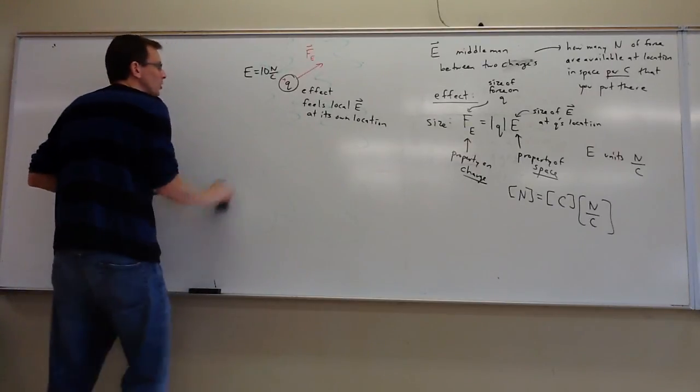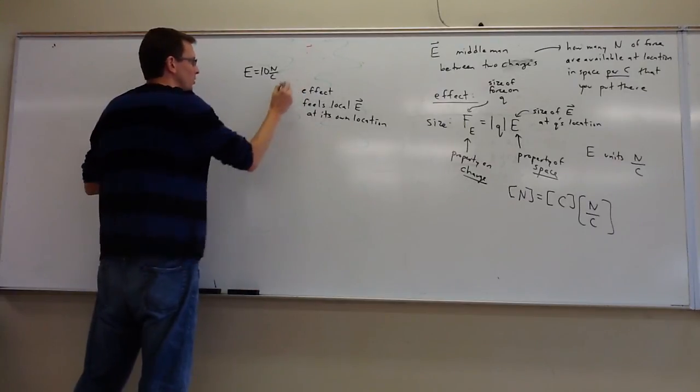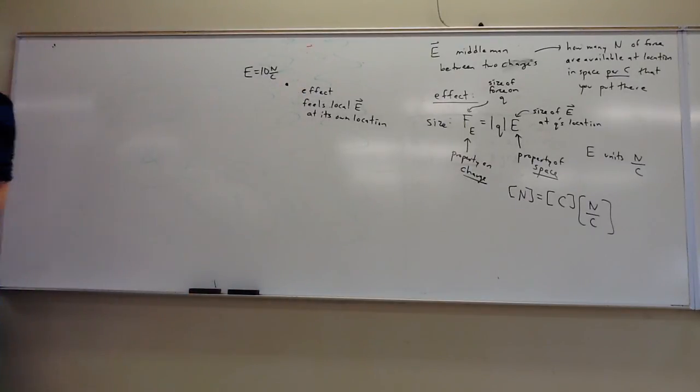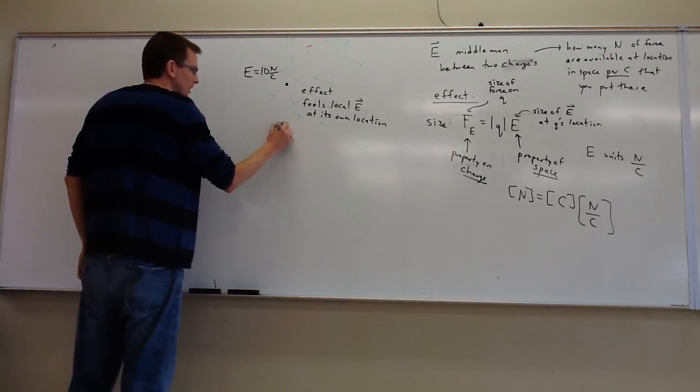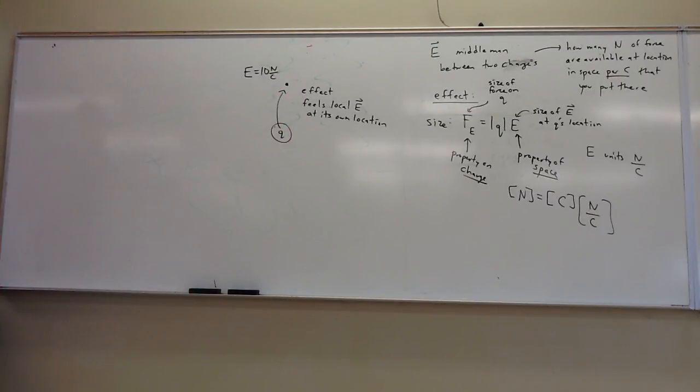I can take the charge out too. So at this location, the green blob that I was drawing there, the location in space, has this property. Now let's try bringing in various charges to that point and seeing how they get affected.